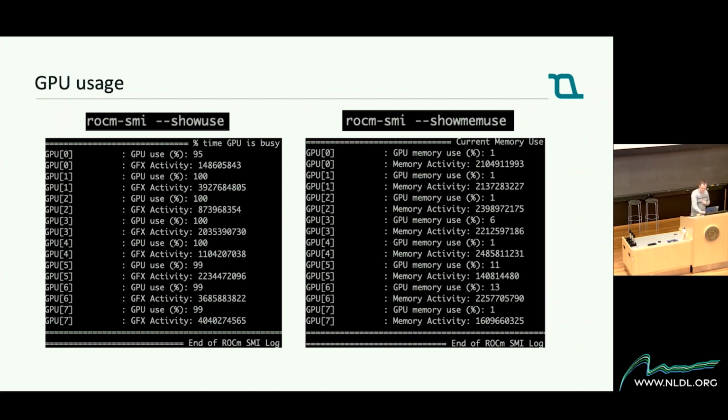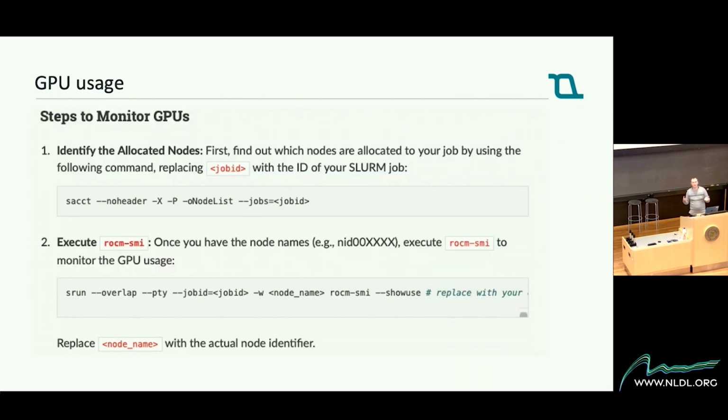So how do you do this? Again, if you want to do this yourself, you can find these guides on the training websites. The first thing we need to know is which nodes we are actually running on. We do that through the sacct command.